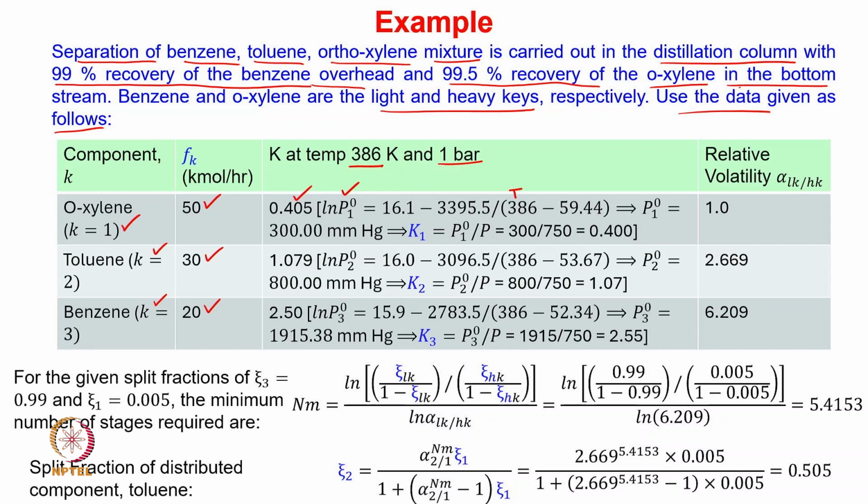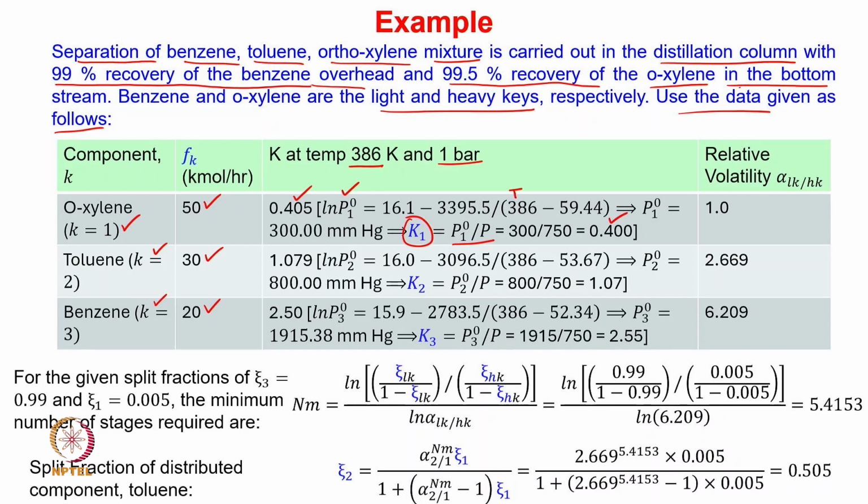Once we get the vapor pressure of the orthoxylene, we can obtain the equilibrium constant K1 as P1 naught by P. So using this equation we can obtain the equilibrium constant, which comes around 0.4. Okay, so the same is taken here, 0.405.